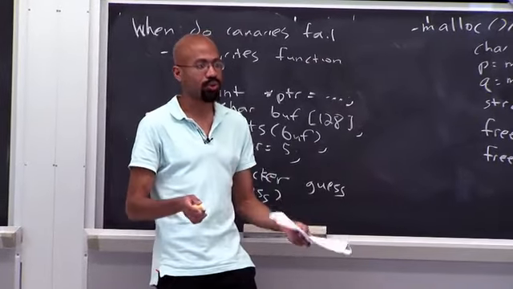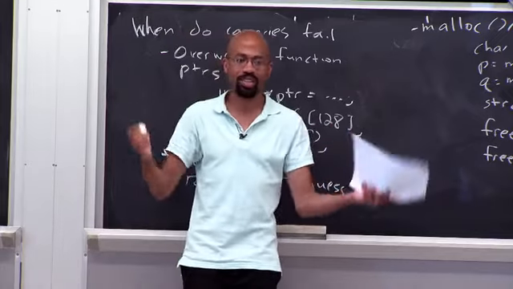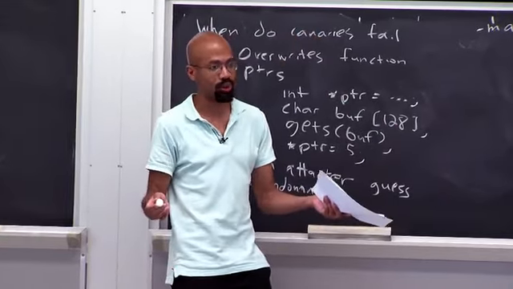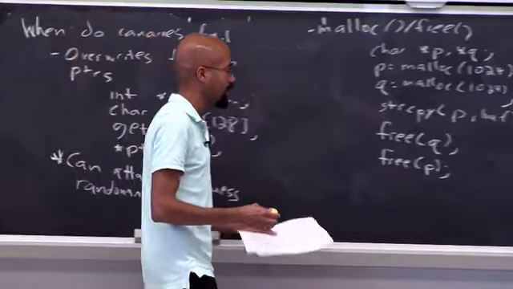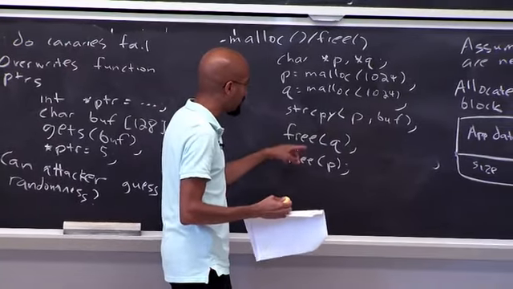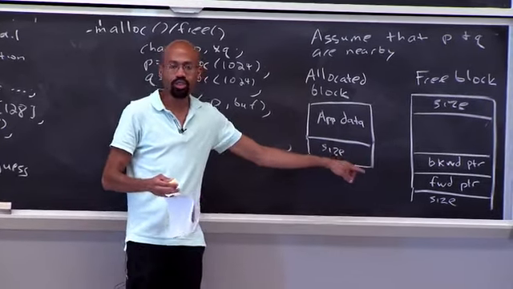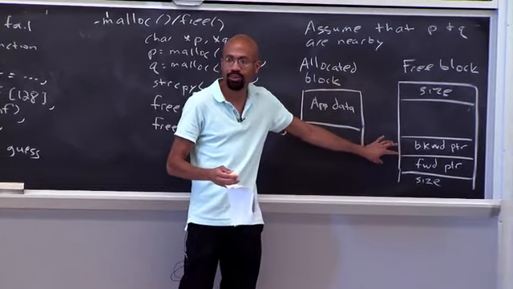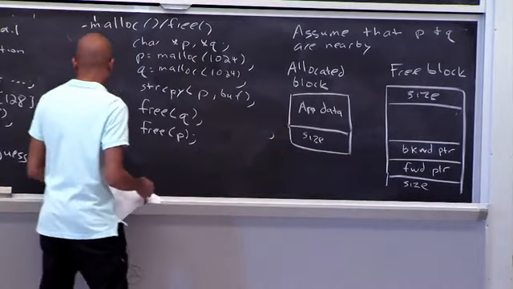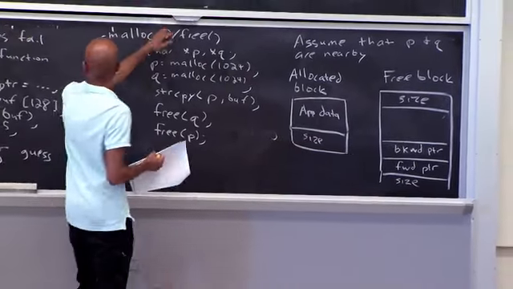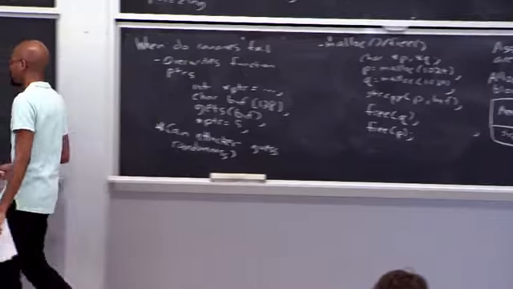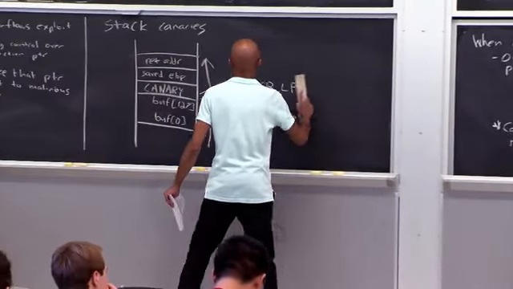Because if you are, you can use your imagination at this point and see where things go wrong. Essentially, these free operations look at this metadata to do all kinds of pointer manipulations with this kind of stuff.